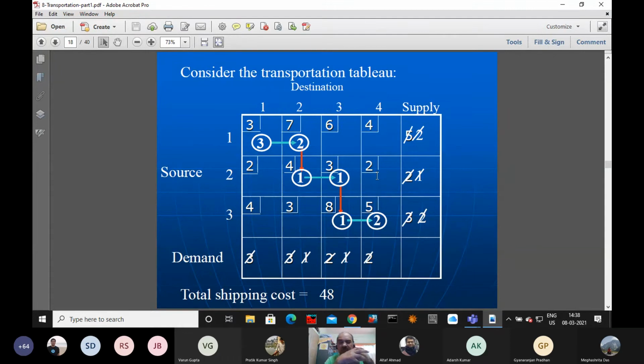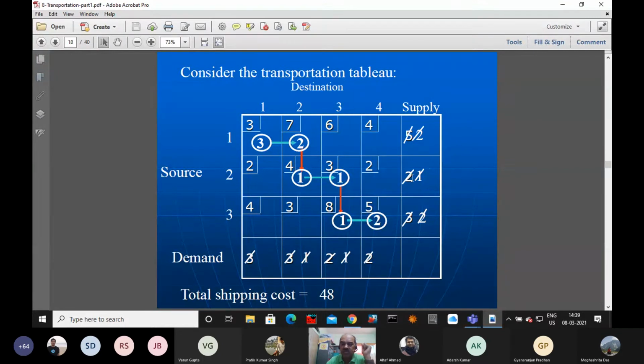Next is our northwest corner cell, that is cell 2,2. You can see here cell 2,2, the second row, second column cell. With respect to this cell, below there is 1 unit left out, and in the same row we have 1 unit.